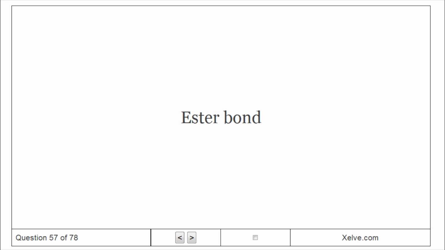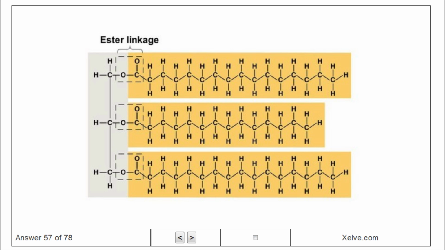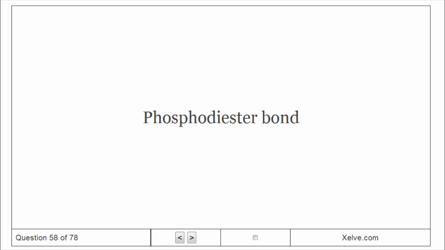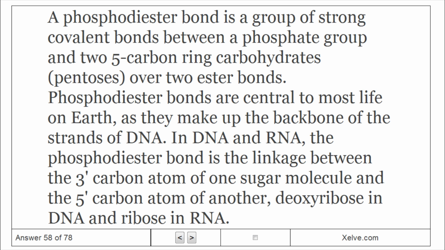Ester bond. Phosphodiester bond. A phosphodiester bond is a group of strong covalent bonds between a phosphate group and two 5-carbon ring carbohydrates, pentoses, over two ester bonds.